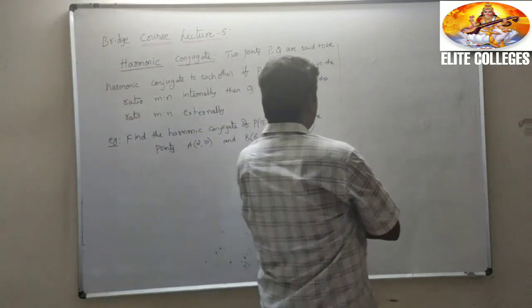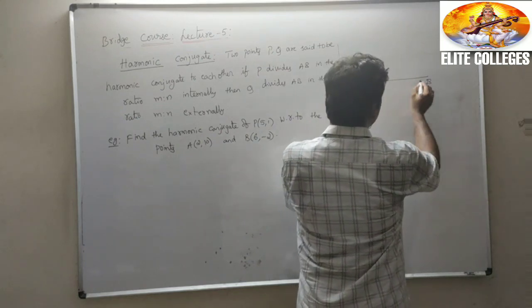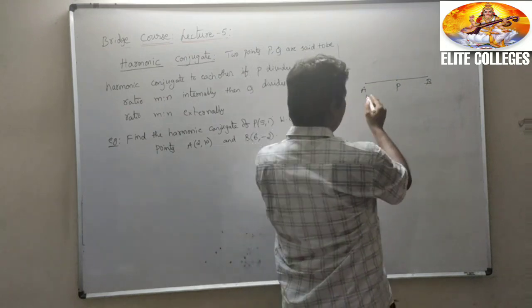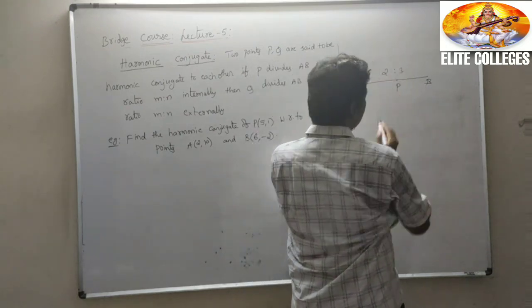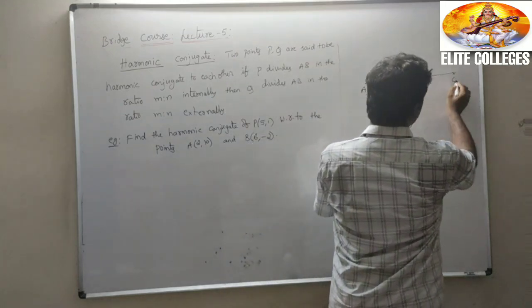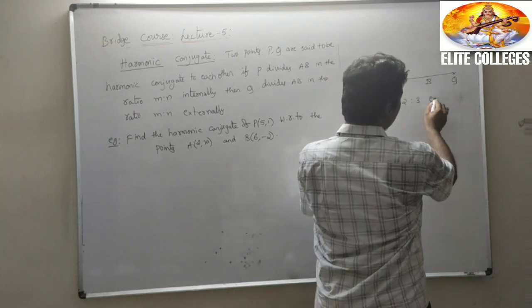See that meaning. This is AB. Suppose this is the point P. Suppose P divides AB in the ratio 2 is to 3 internally. Then this is the point Q which divides AB in the ratio 2 is to 3 externally.